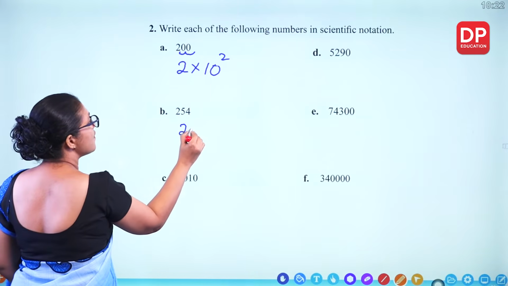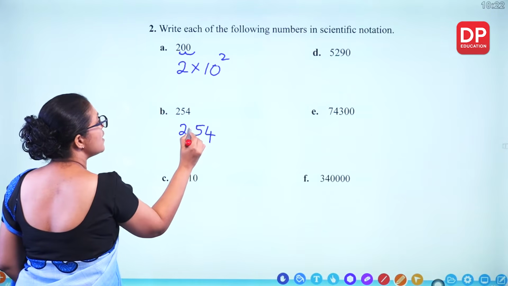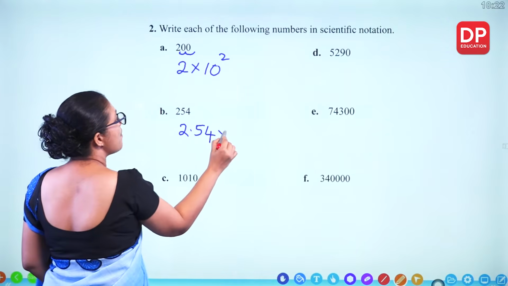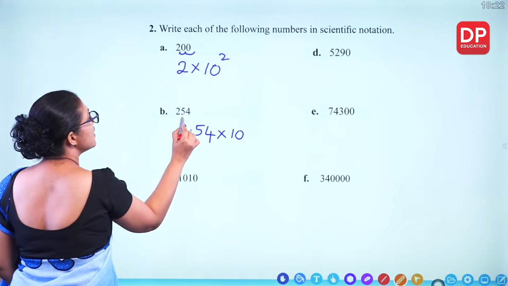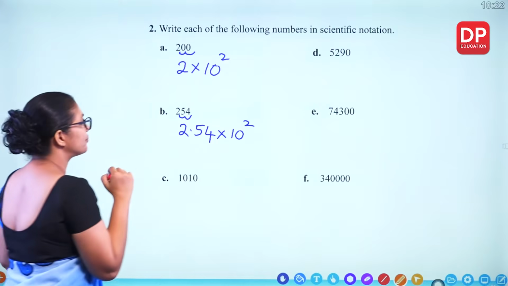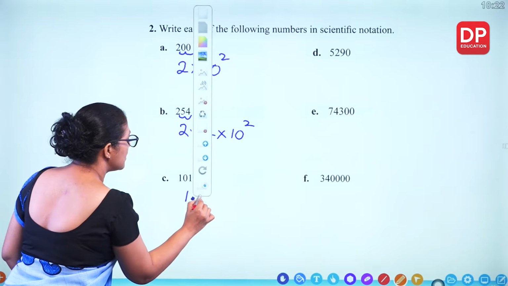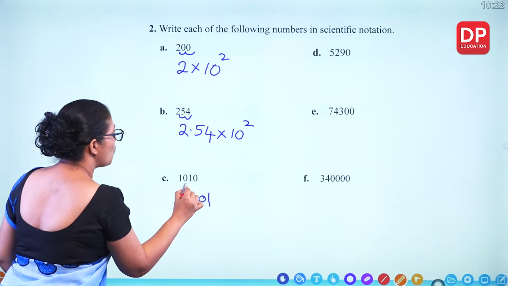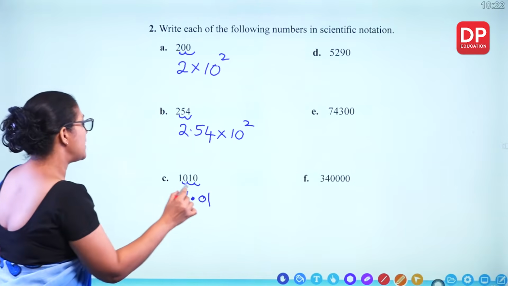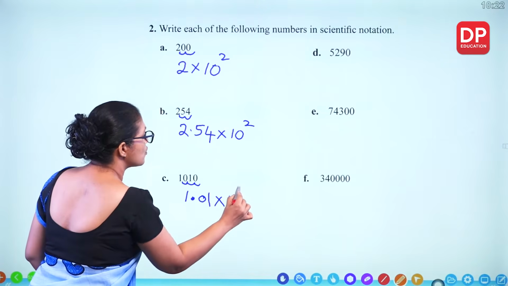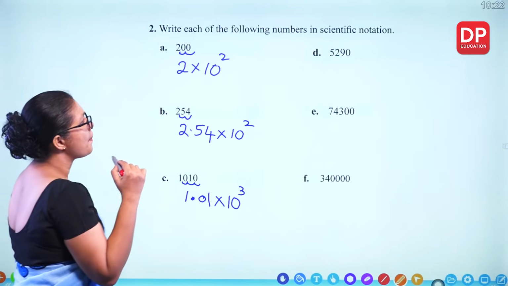254, I can write 2.54 is the number less than 10 multiplied by 10 to the power 2. 1010, 1.01. 1, 2, 3 places to the right, so 10 to the power 3.